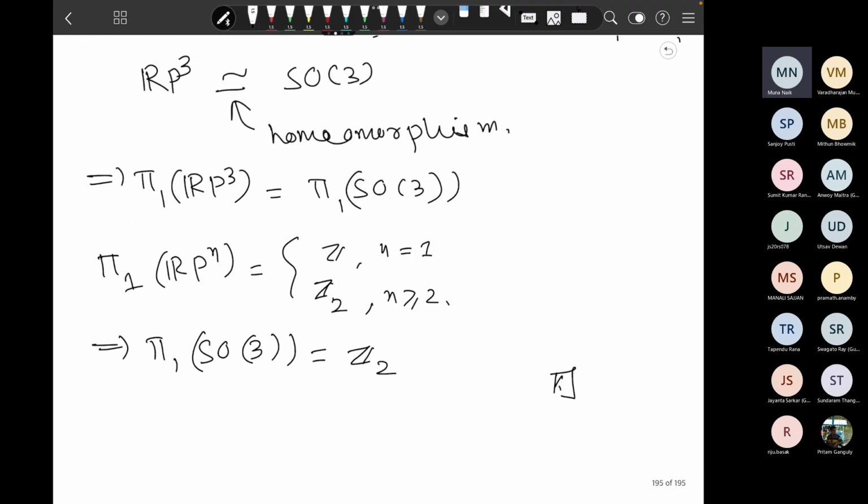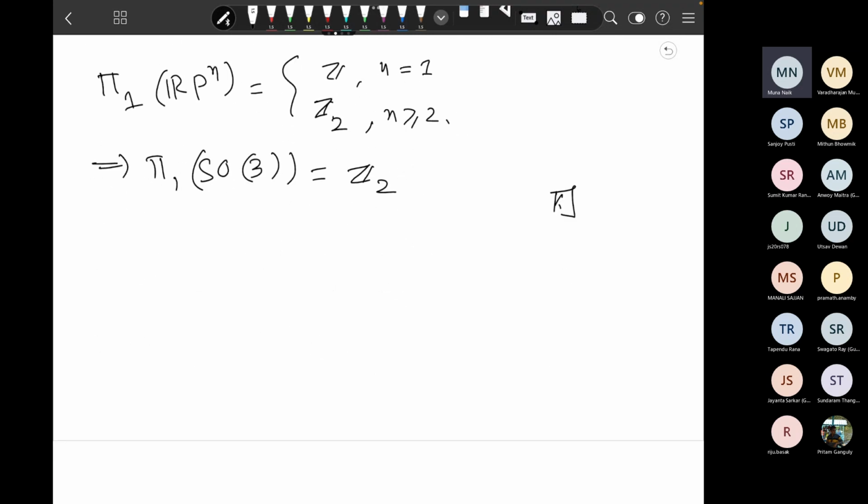You can conclude that pi 1 of SO3 in other ways also, but that will use some Lie theory.